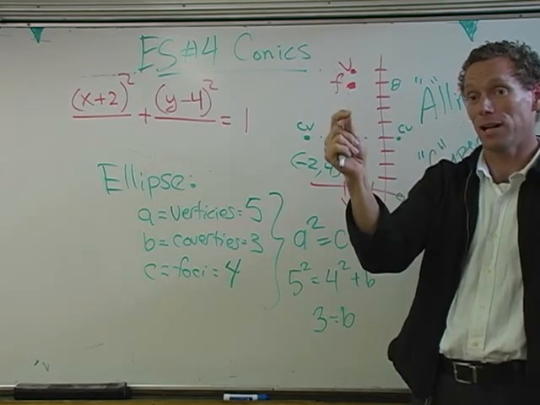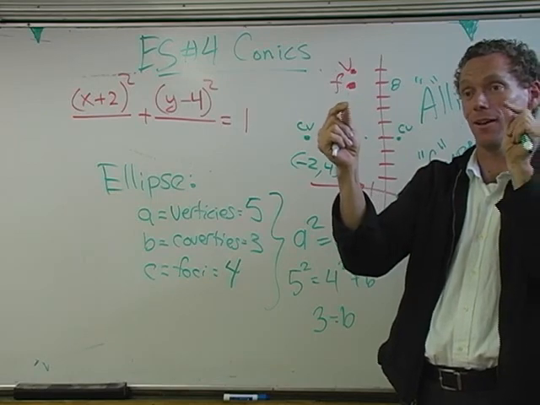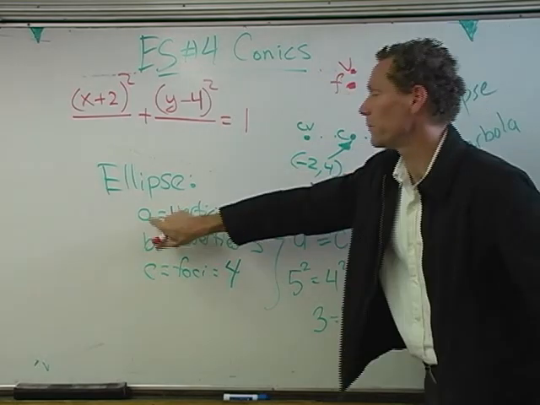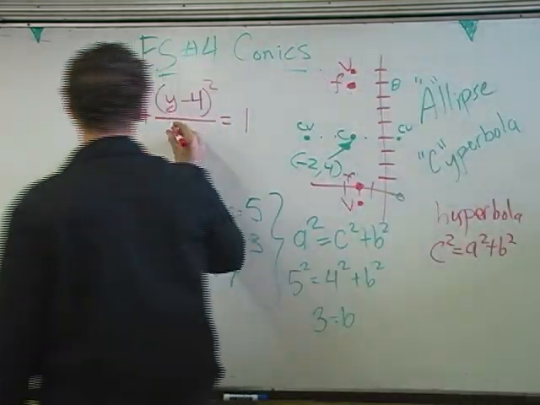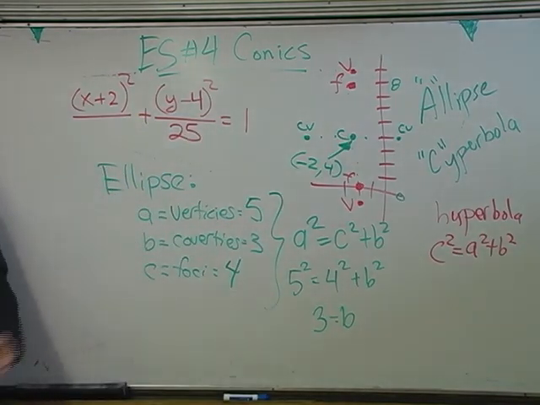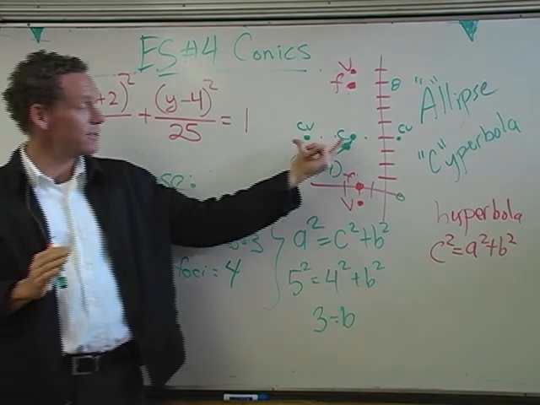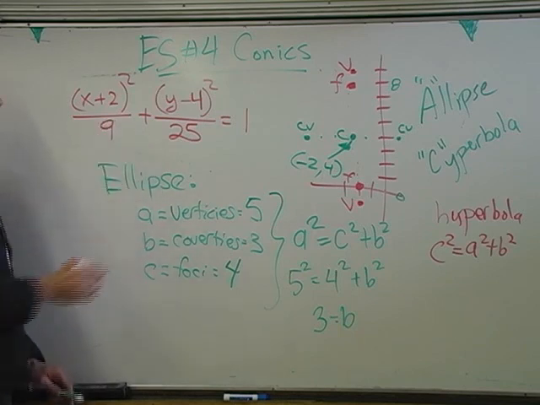Co-vertices go in the x direction, so b squared is going to go under the x stuff. So in the y direction is where we get the vertices. a is 5, so underneath the y stuff we have 5 squared or 25. The co-vertices go in the x direction. b, the distance of the co-vertices, is 3, so 3 squared or 9 goes under here.